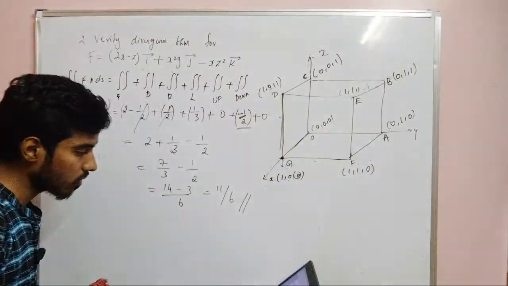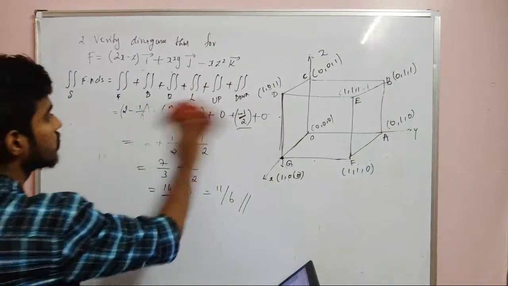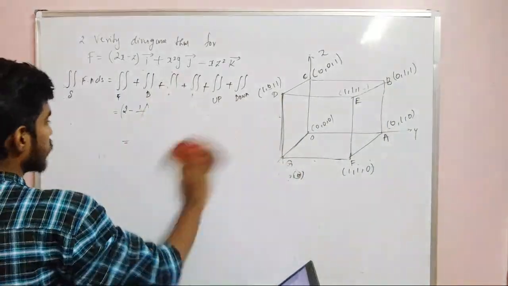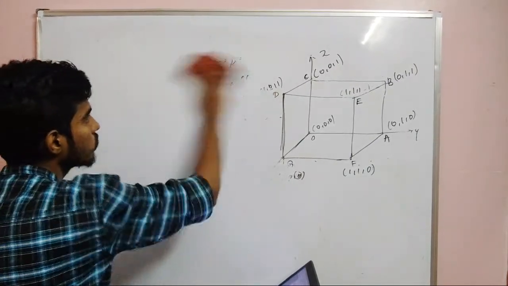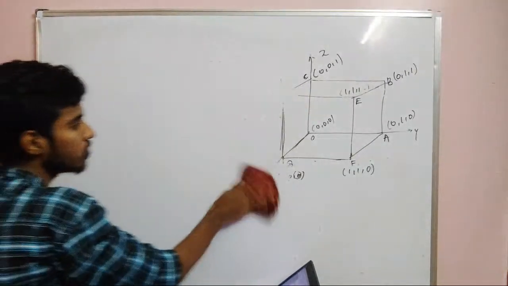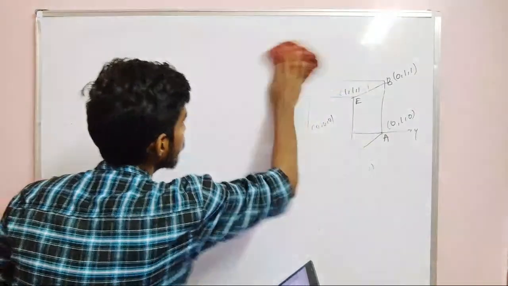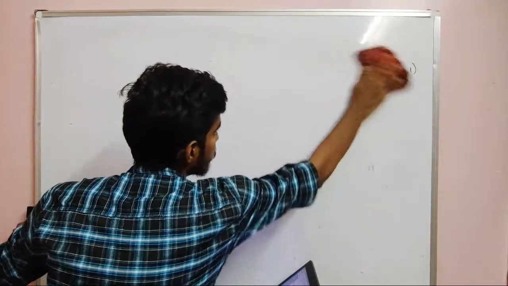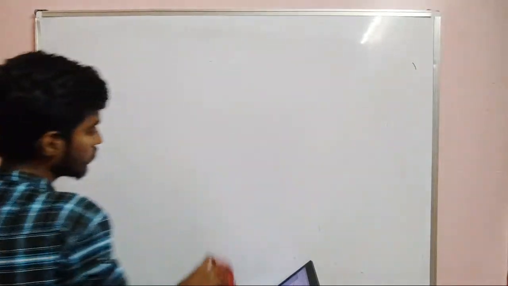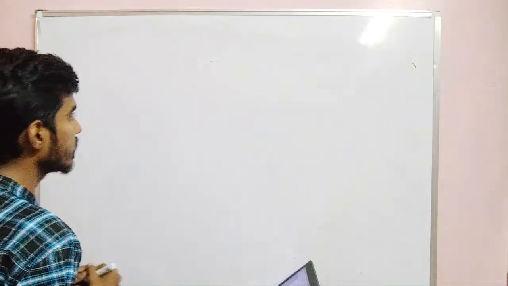So the third problem: the only thing that will change is the bounds. Depending upon the bounds, you just change the values. Maximum it will be A, B, C. Let me give one exercise problem.